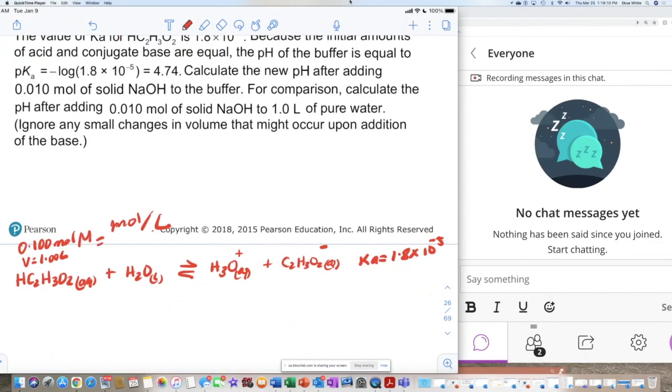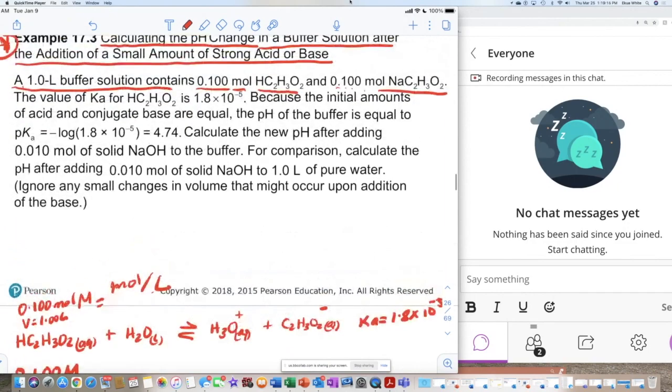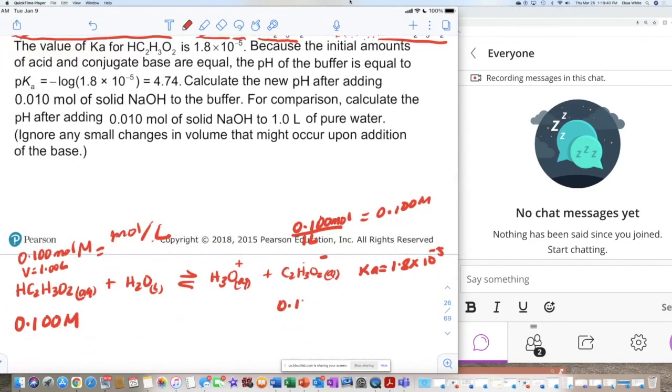Just divide these two numbers and I get 0.100 big M. And 0.100 mol of the conjugate base, this one here, same thing, 0.100 mol in 1 liter, you just divide these two numbers and you get 0.100 big M. So I'm going to write that down here, 0.100 big M, because the numbers that we normally use in the table are in units of big M.